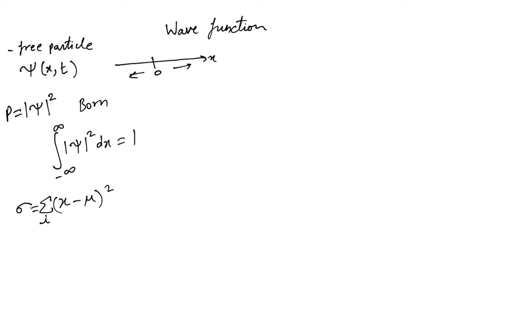This is a measure of the uncertainty or error in the distribution of x, as we talked about with the normal distribution.